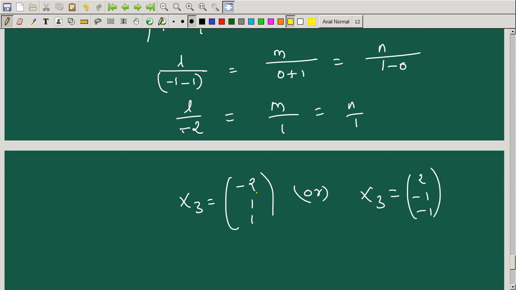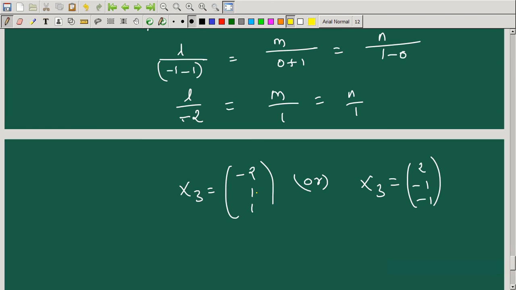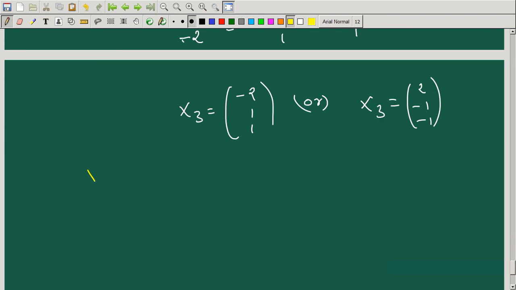So for a symmetric matrix with repeated eigenvalue, always use the cross product rule for the third eigenvector. Don't forget, this is very important. For a symmetric matrix, we can always do the verification for the eigenvector matrix.